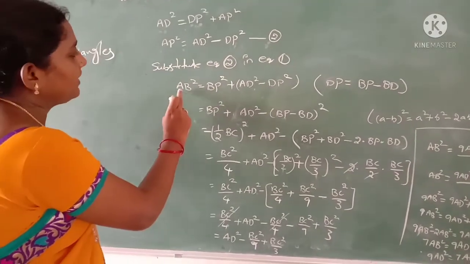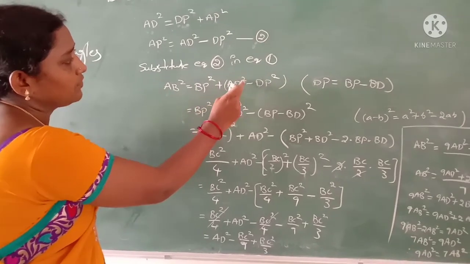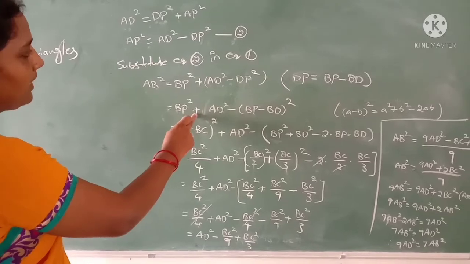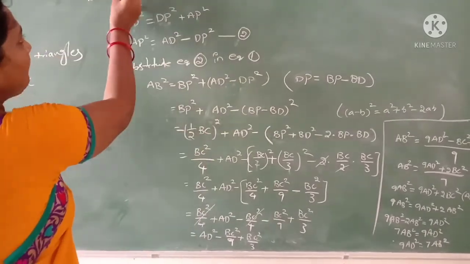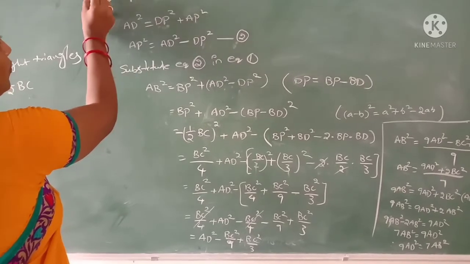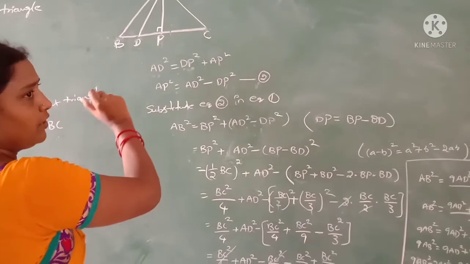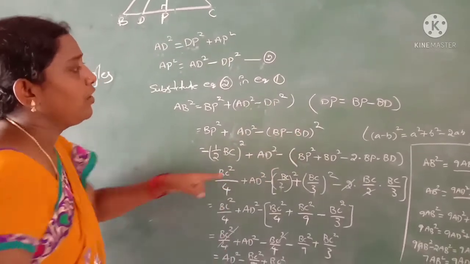So we write AB square equal to BP square plus AD square minus DP square. That equals BP square plus AD square. See here, find the BP value, DP is BP minus BD, so write BP minus BD whole square.